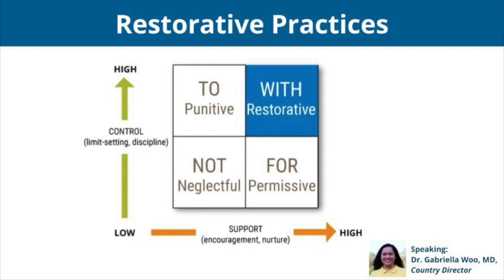Another type, where you have too low limit or discipline, is permissive. In this case, you allow some behaviors and you support the person, but you're not actually trying to improve the behavior, just letting things happen. And yes, I know this is not good, but I don't do much to set up boundaries and limits.